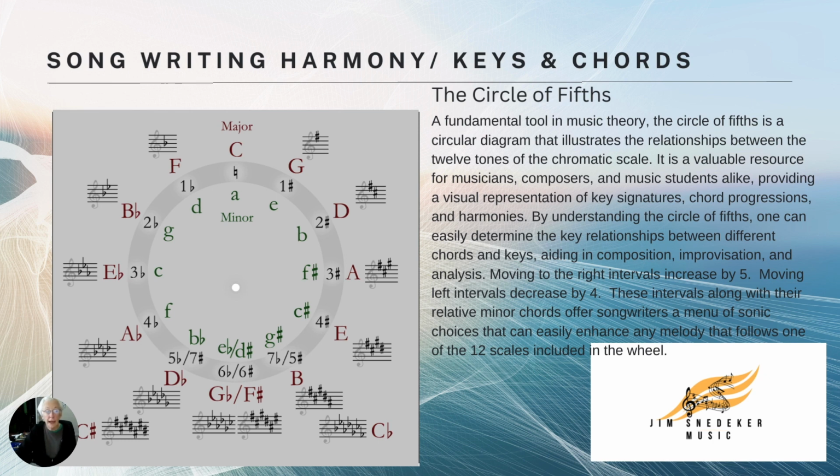Or if you look down below inside the circle at the minor circle, you'll see that an A minor, relative minor of C major, is 5 intervals away from E minor. These are things that can help us as we write songs. Minor chords give us color.